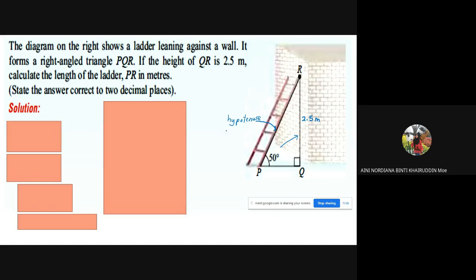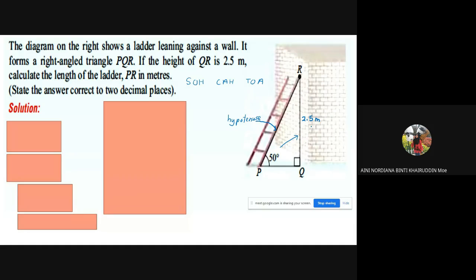Okay, girls, what is opposite over hypotenuse? Anyone? Remember this? So, SOH, CAH, TOA.